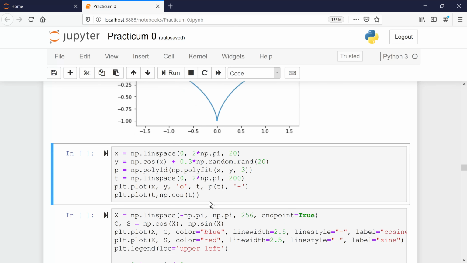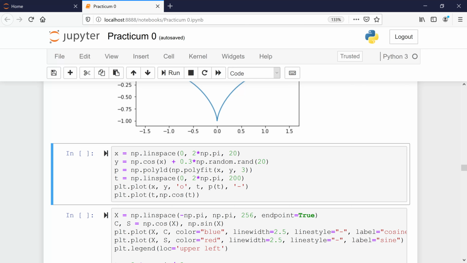Okay. And this is another example where we add, for example, a noise to the cosine. Here we divide 0 to pi into 20 equal parts, and y is just cosine plus a random noise, so it's random.rand.